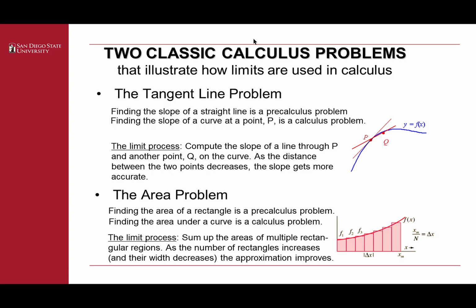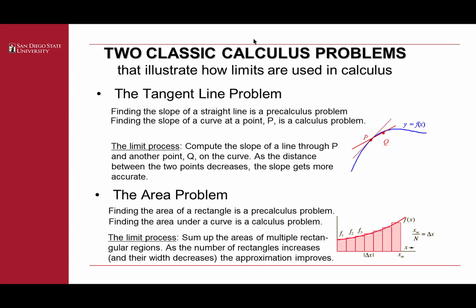And the second problem is the area problem. Finding the area of a rectangle is a very straightforward pre-calculus problem. But finding the area under a curve is a much more complicated calculus problem, because for any rectangle we have basic formulas, but for a curve we only have the function of that curve, but no formula for the area below the curve.